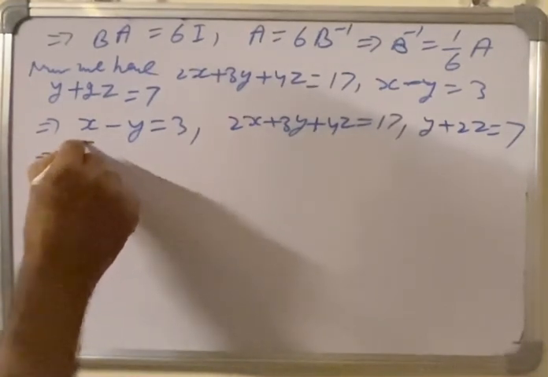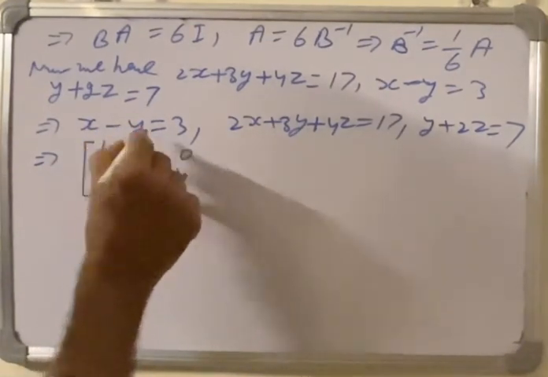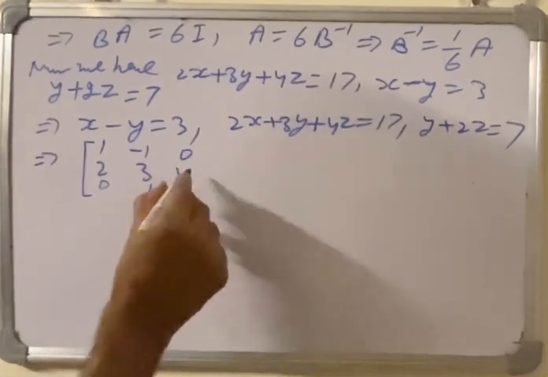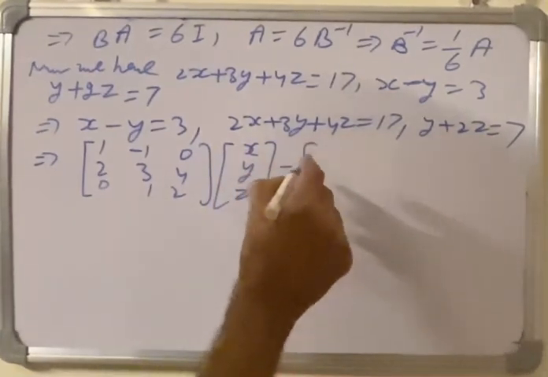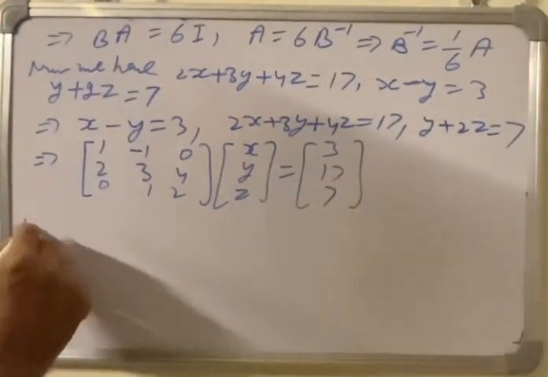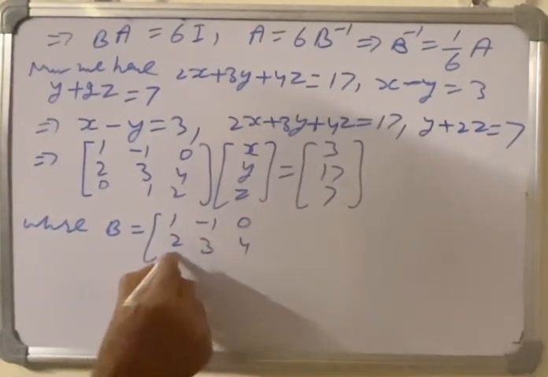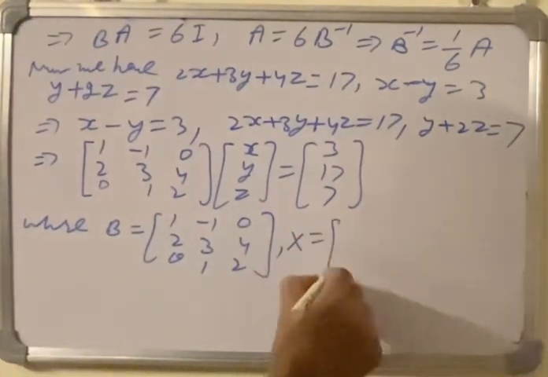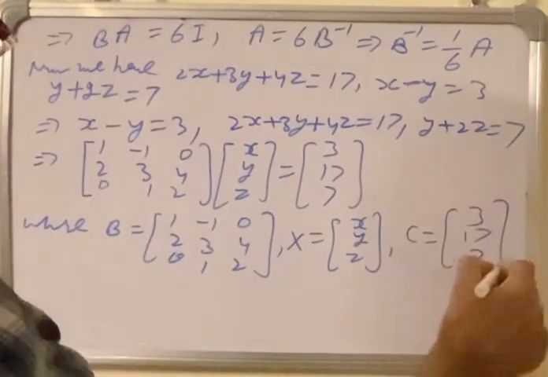So this can be written in matrix form as [1, -1, 0; 2, 3, 4; 0, 1, 2], the coefficients of the first, second and third equations, into the variable column matrix x, y, z, is equal to the constant matrix 3, 17, 7, where B is this matrix, X is x, y, z, and C is the constant matrix 3, 17, 7.